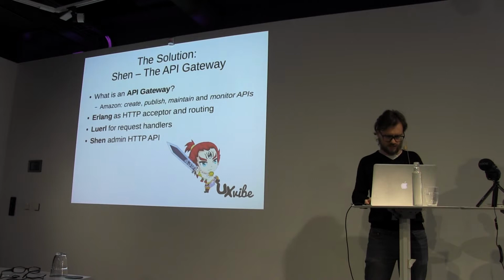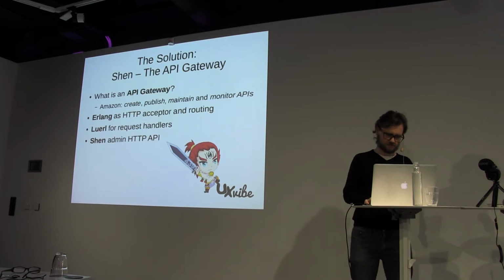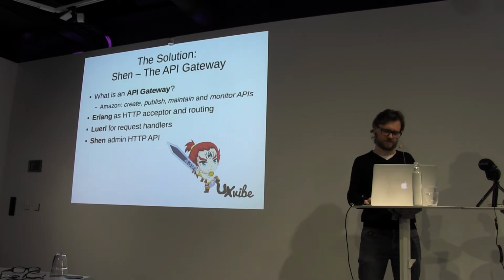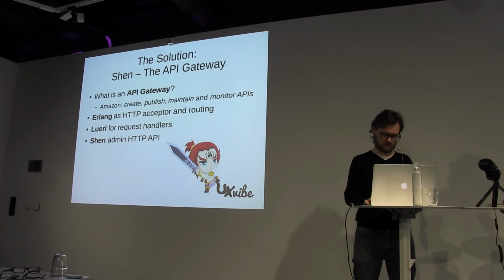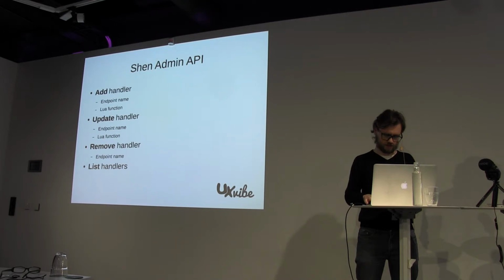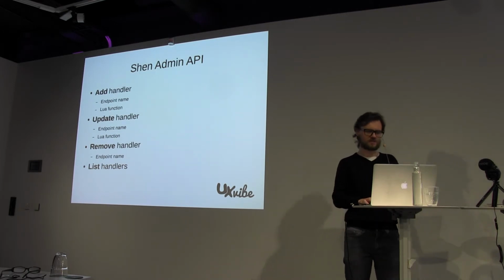Right, Lua for request handlers, and then we have an admin HTTP API for uploading, publishing, creating and maintaining these HTTP endpoints. It's very simple. With this API, you need to be able to add a handler.